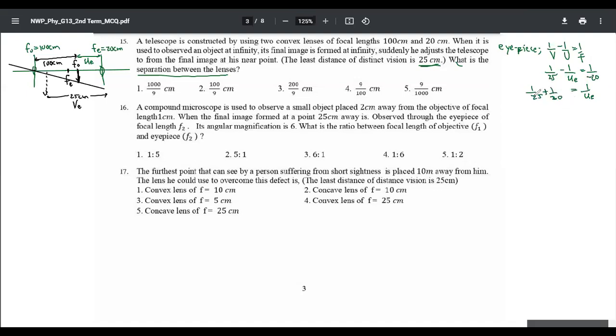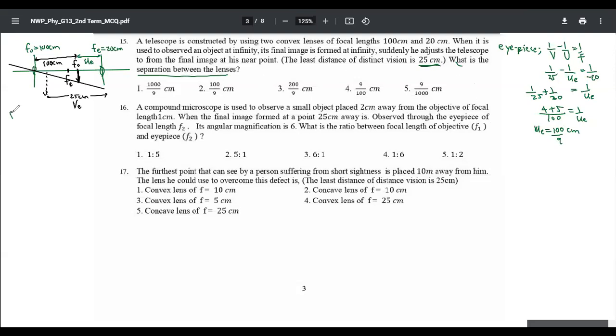So what is the answer we'll be getting? 1 over 25 and 20, the LCM for them is 100, isn't it? 100. This is 4 and this is 5. And that is 1 over UE. Then UE will be equal to 100 over 9 centimeter. Now that answer is there, but that is not correct, because they are asking for the separation between the lenses, isn't it?